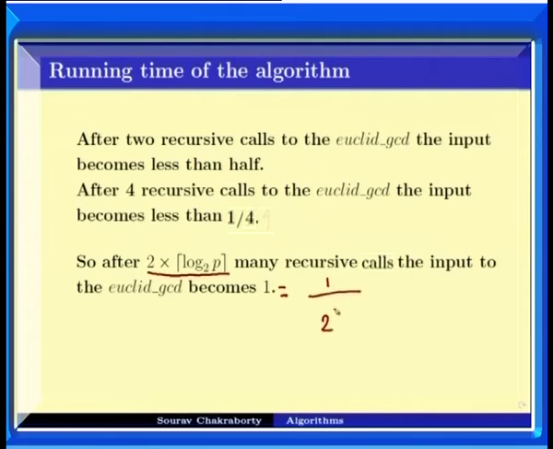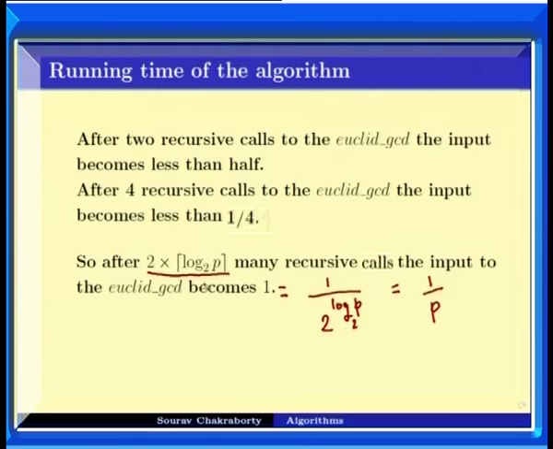After 2 recursive calls it becomes 1 by 2. After 4 recursive calls, 2 times 2, it becomes 1/4, which is 1 by 2 square, and similarly here it will be 1 by 2 to the power log P base 2, which is 1 by P.